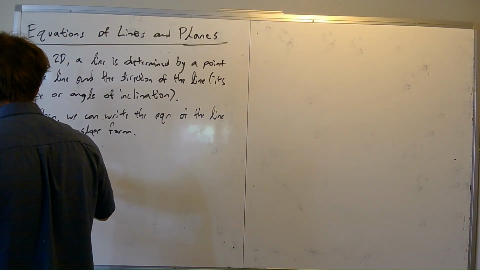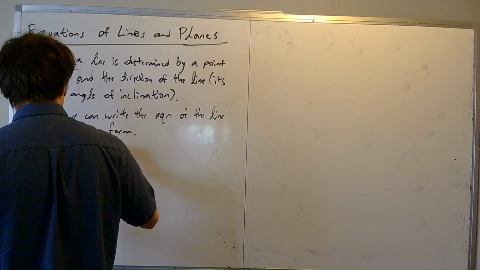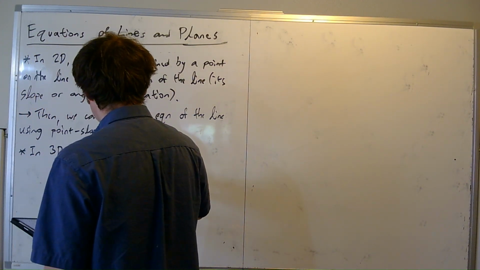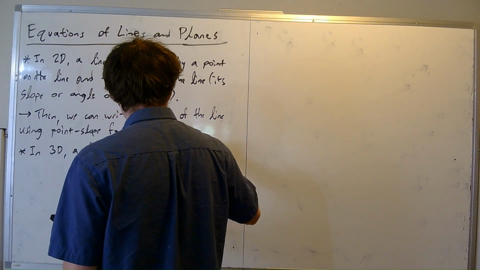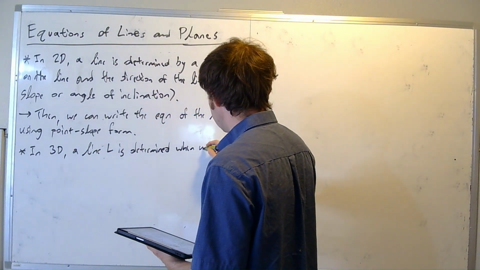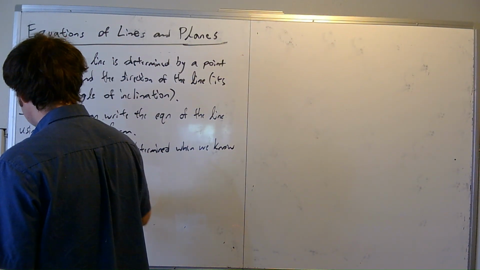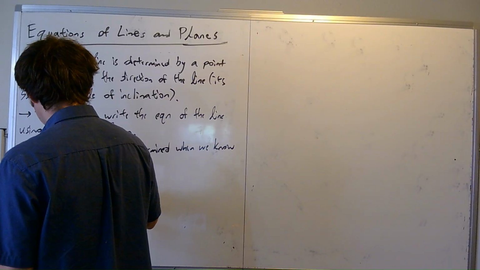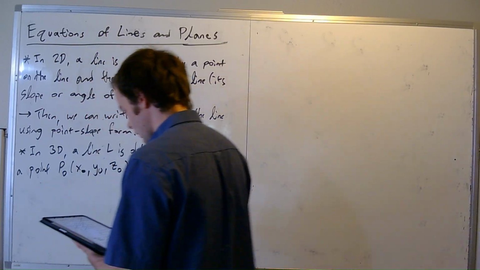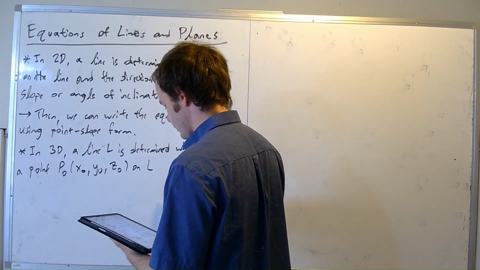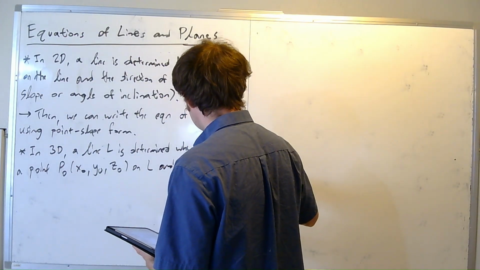So I'll say in 3 dimensions, a line L is determined when we know a point P0, coordinates x0, y0, and z0 on L in the direction of it.